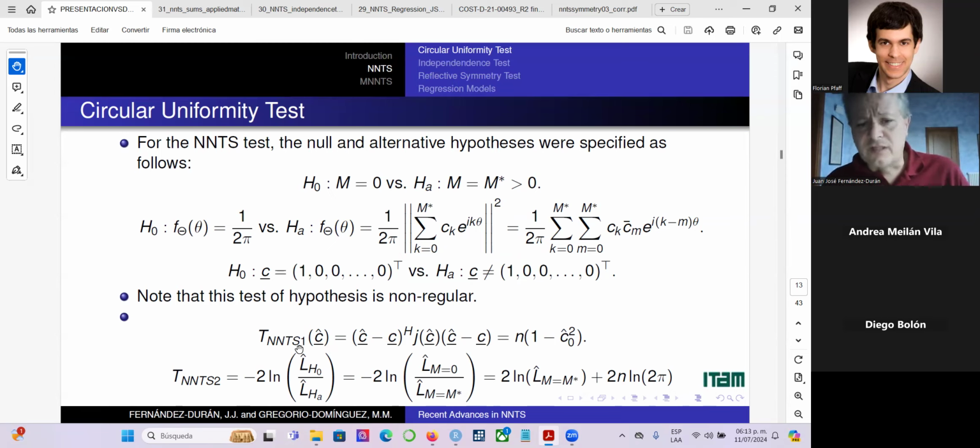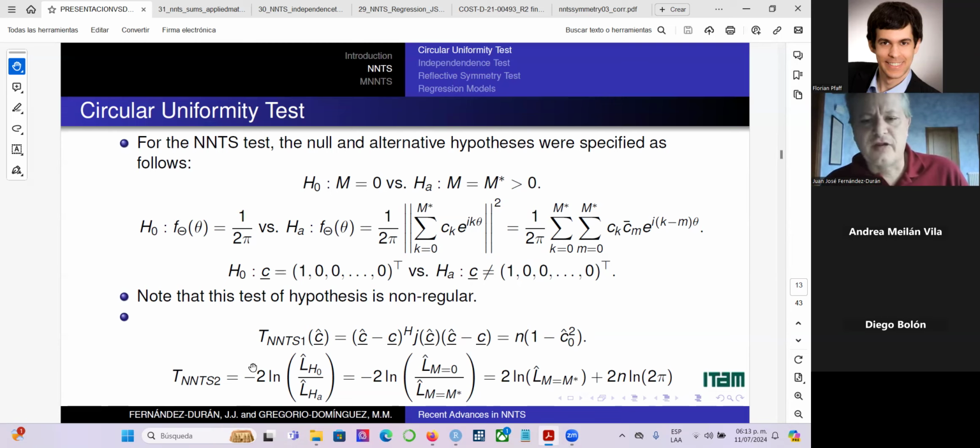For example, the Wald test is interesting because basically it implies how different a distribution is from the uniform distribution, because it measures how far the estimate of c0 squared is from 1.